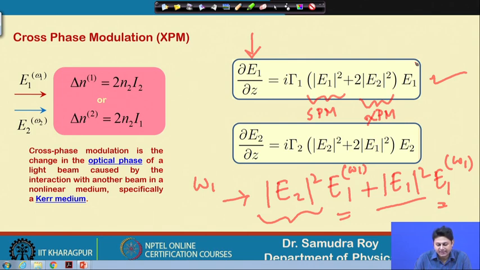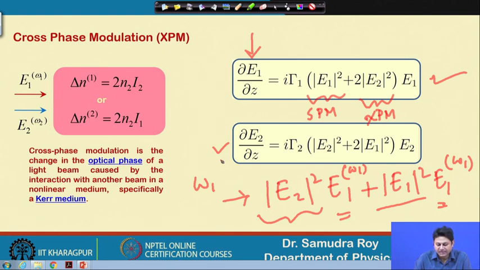So, there will be no delta k kind of terms, because it will cancel from both sides, which you should also remember. And you will have not only one equation, you will also have another equation for E2. The same thing is done for the other wave, which is propagating along with E1 at a different frequency, say omega 2.